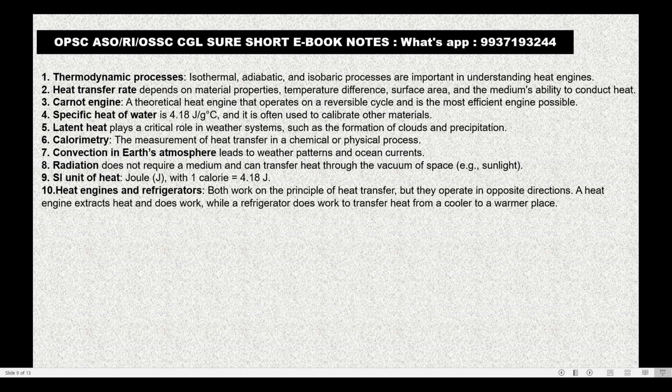Example: sunlight. SI unit of heat is the joule, with 1 calorie equal to 4.18 joules. Heat engines and refrigerators both work on the principle of heat transfer, but they operate in opposite directions. A heat engine extracts heat and does work, while a refrigerator does work to transfer heat from a cooler to a warmer place.